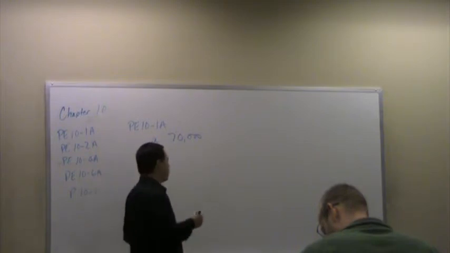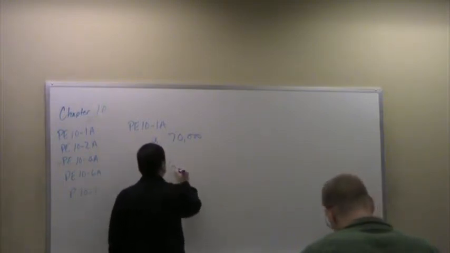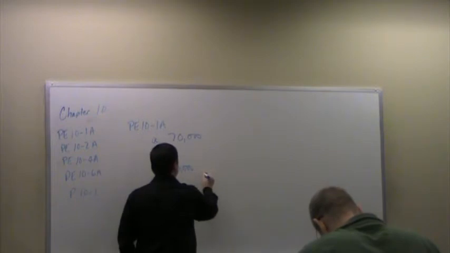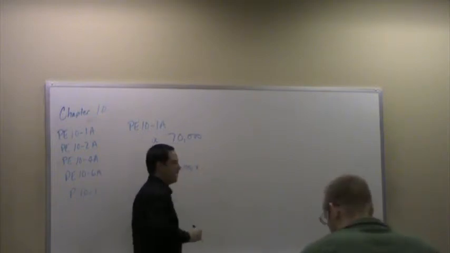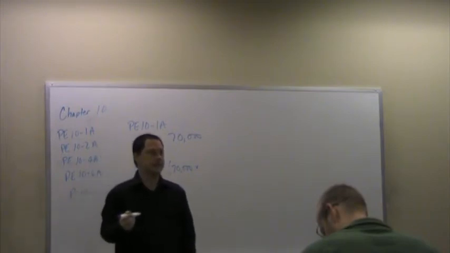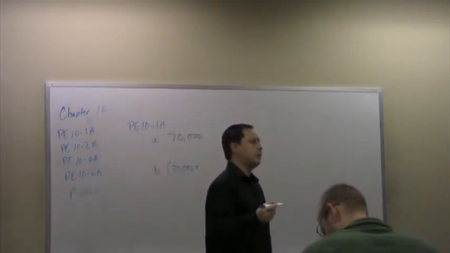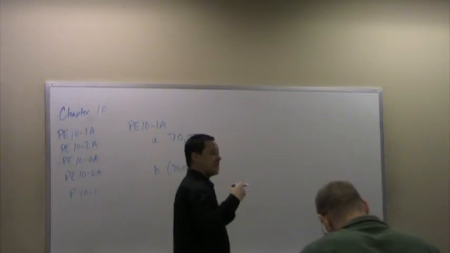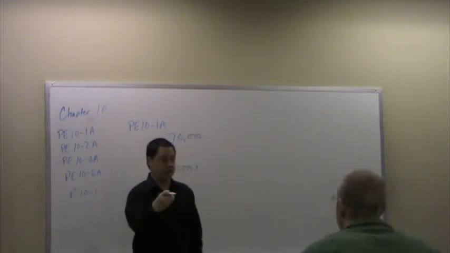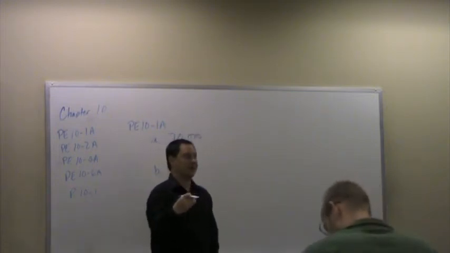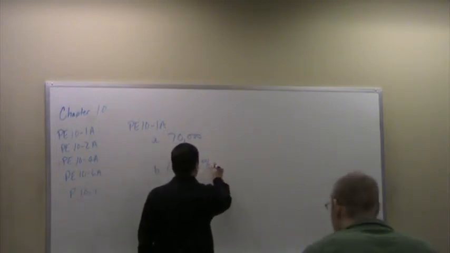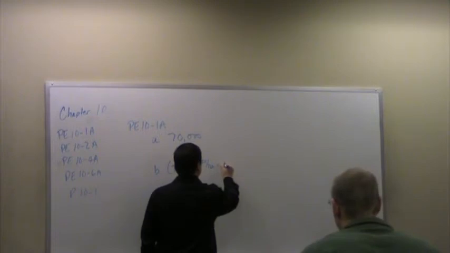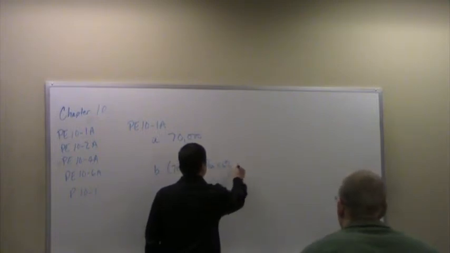So to figure this out, we take the 70,000 and we're going to multiply. How many days is it? This note is 30 days. The 6% is an annual interest rate, so we've got to figure out what it is other than annual, almost like a monthly. So we'll multiply it by the 6%.